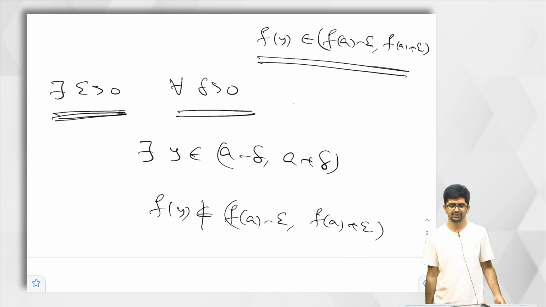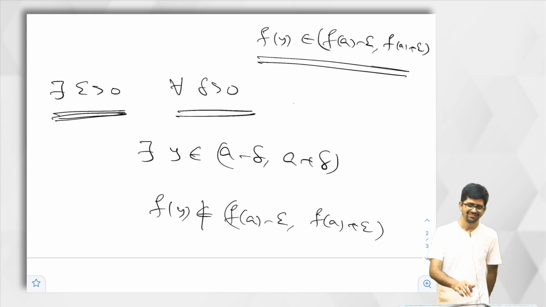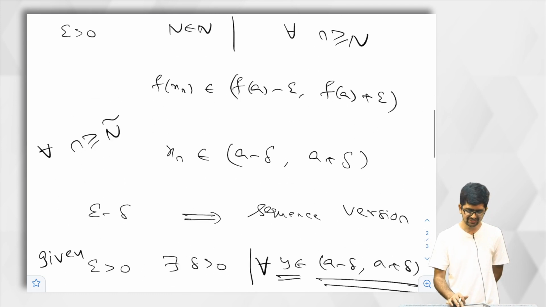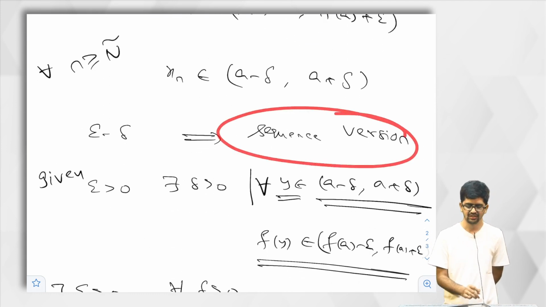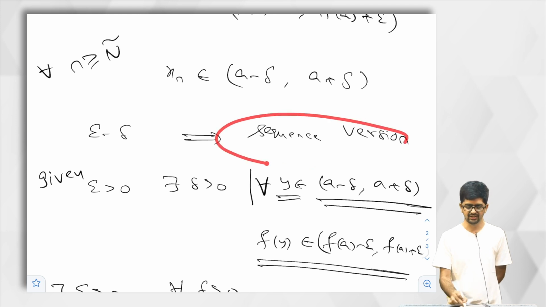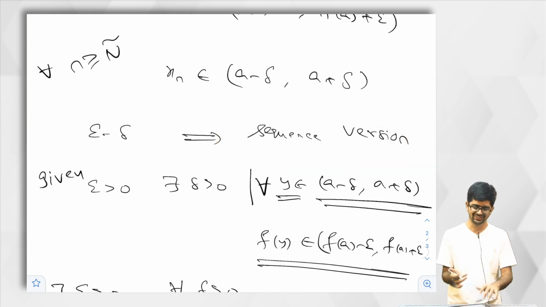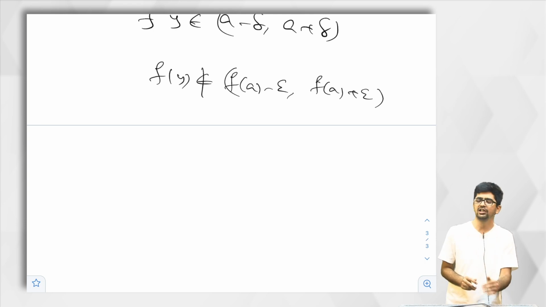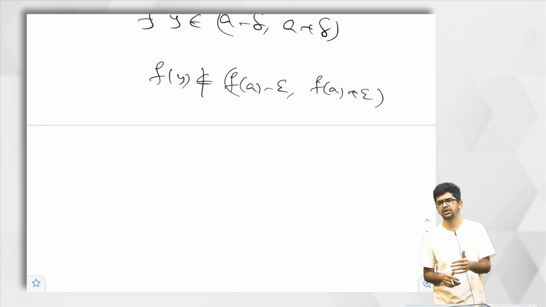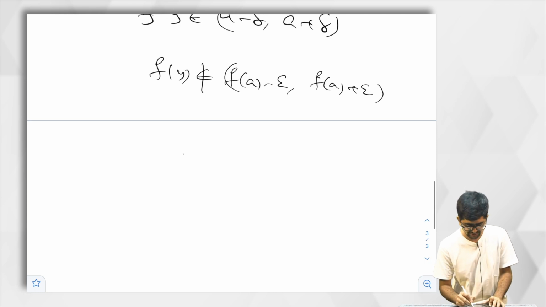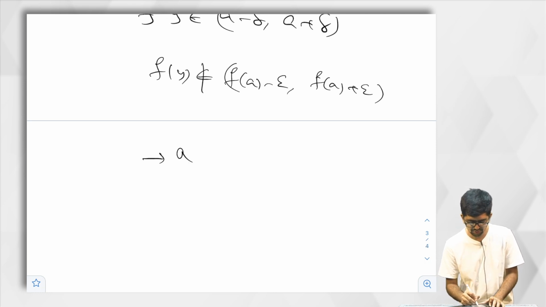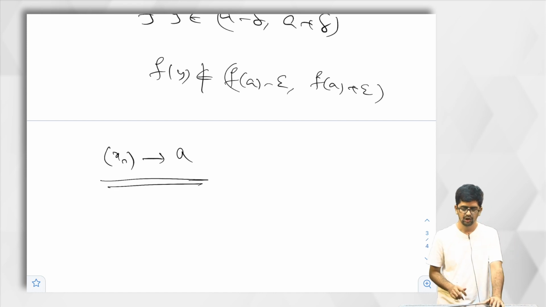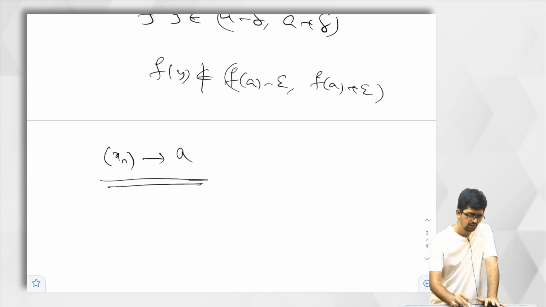So what do we do after this? We started with the assumption that it satisfies the sequence version, right? So we should make use of that, which means we should get a sequence first. We are talking about convergence, about continuity at a point A. So we want a sequence that converges to A. Do we have something like that?